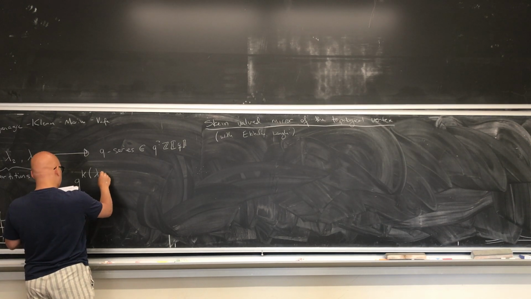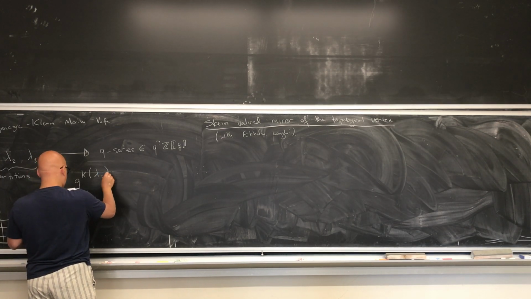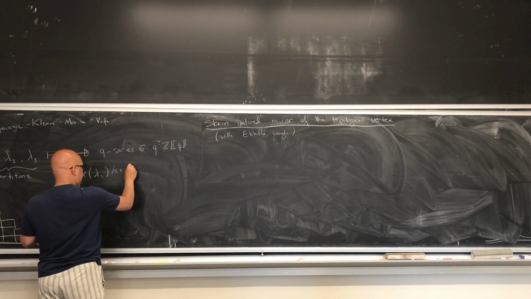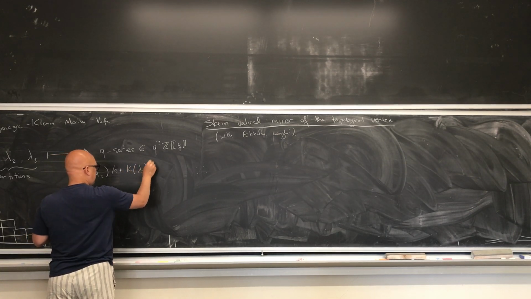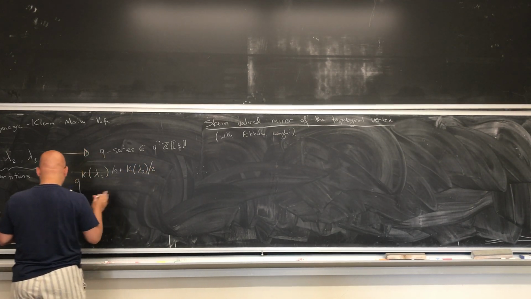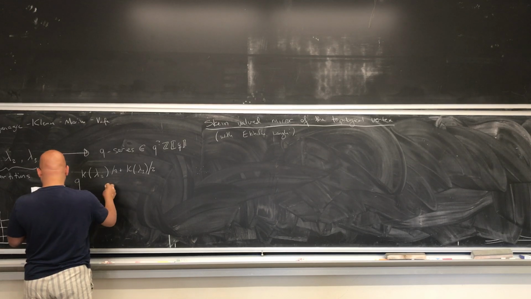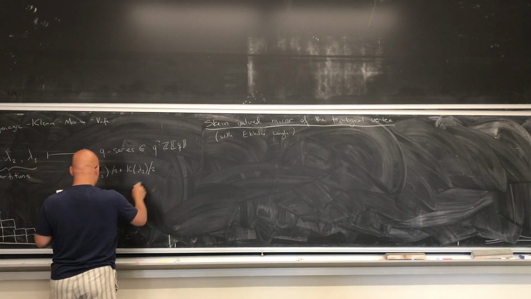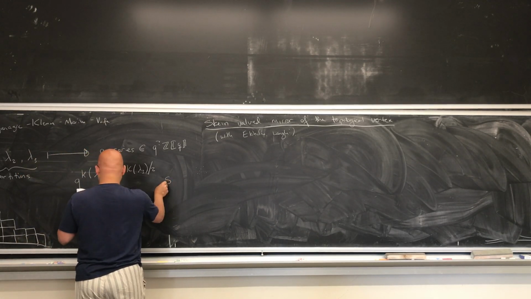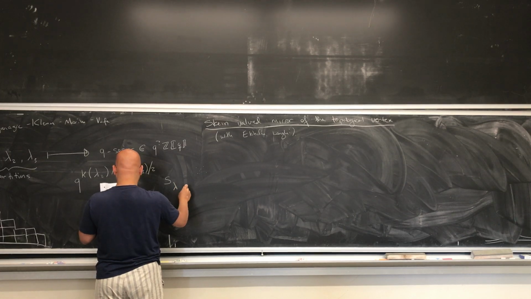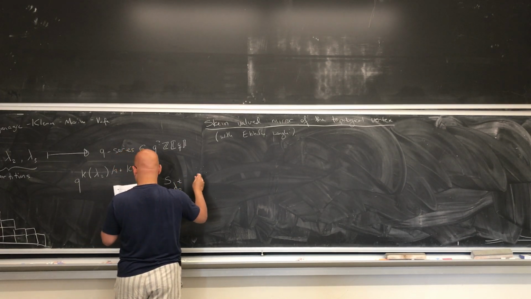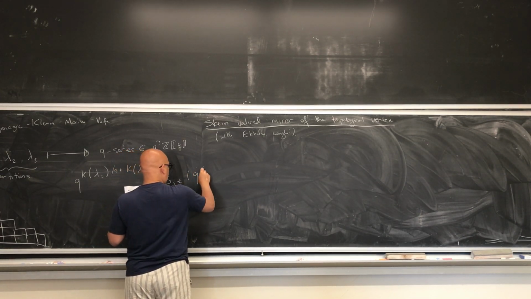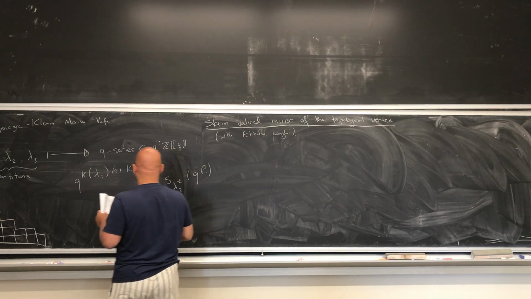Q to the kappa lambda 2 over 2 plus kappa. This formula didn't appear in the original paper, it's a close relative of the formula there. It appeared in a bit later paper. Times some kind of Schur function. A Schur function is some combinatorial object associated to a partition.